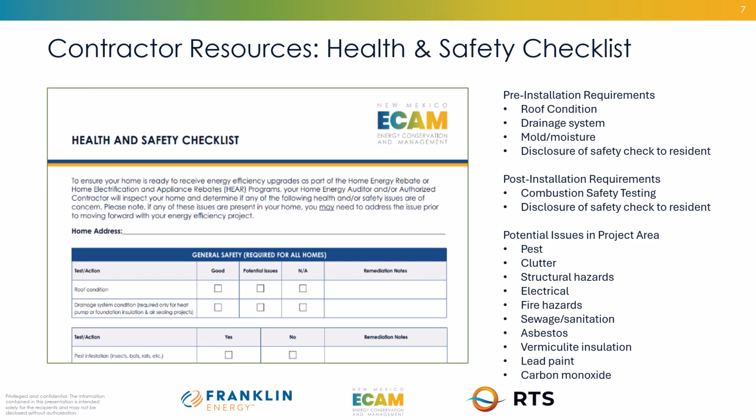Contractors may need to assess additional health and safety items within the installation area prior to moving forward with a project. Items that may need to be checked include pest infestation, accumulated clutter, structural hazards, open electrical, potential fire safety hazards, sewage and sanitation, asbestos, vermiculite insulation, and carbon monoxide levels.